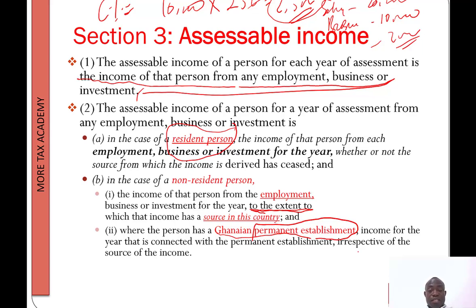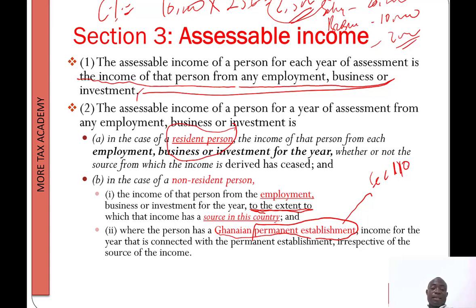Imagine somebody just landed in Ghana with 10,000 pounds on him. The income is not sourced from Ghana, and GRA decides to say, oh, hey guy, you have money in your pocket, we have to tax you. I mean, that would not be proper. As long as the income has no source in this country, you can't. And the person is also not having any Ghanaian permanent establishment, you cannot. So for Ghanaian permanent establishment, we will be reading section 110 of Act 896, and then we'll understand it better.